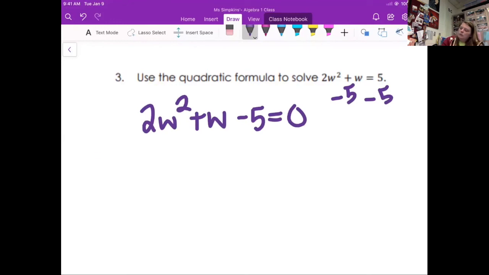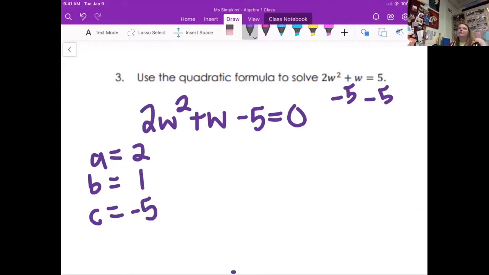A equals, B equals, C equals. What is A? 2. B is 1. C is negative 5. All right, let's just substitute.